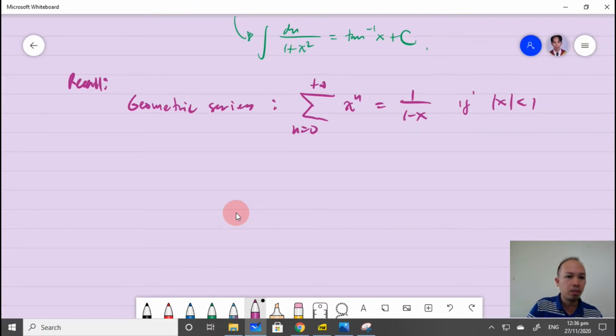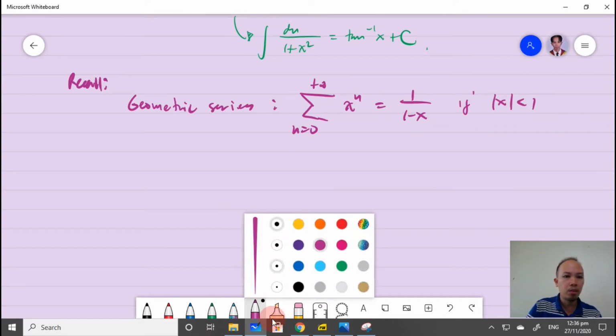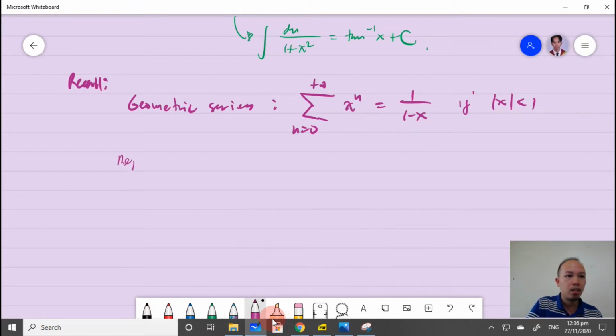So if we replace x by, I guess, negative x squared.